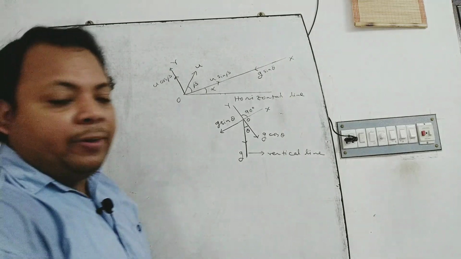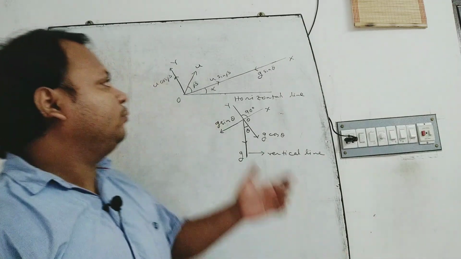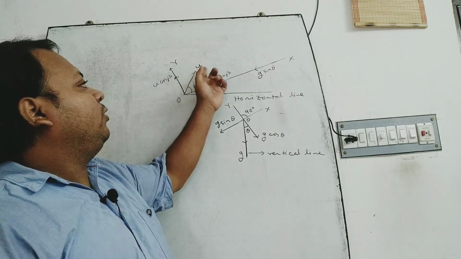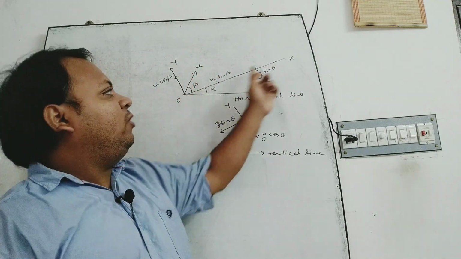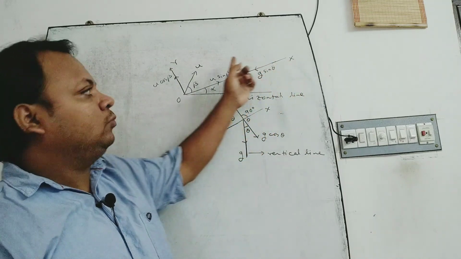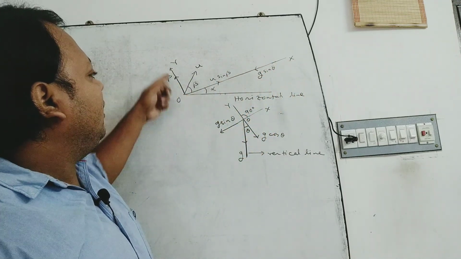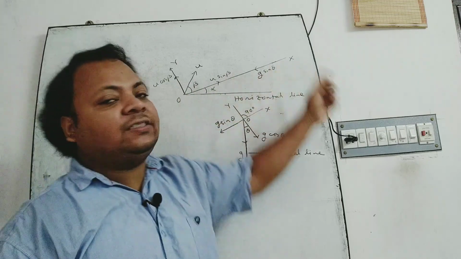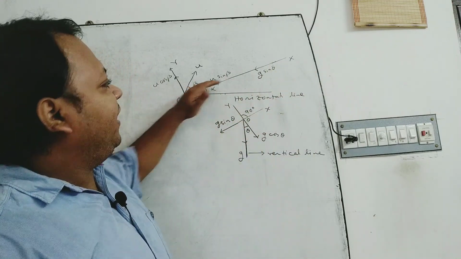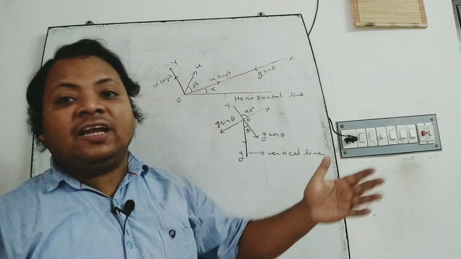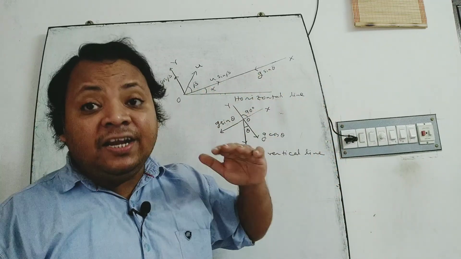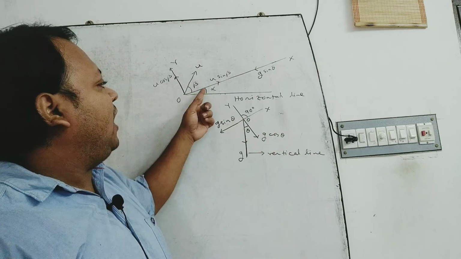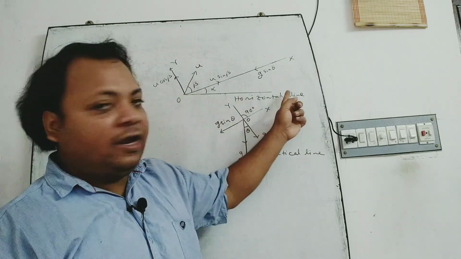Now a particle is projected with the initial velocity u at an angle beta with the OX axis, and OY is the normal to the OX axis. Here the OX axis is an inclined plane at an angle alpha with the horizontal line.